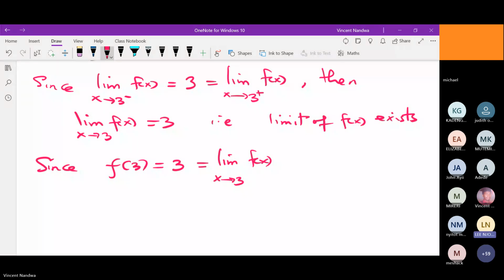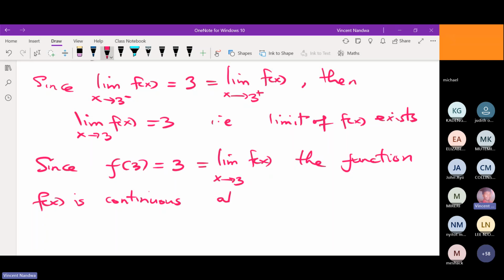It is continuous. The function f of x is continuous at the point x equals to 3.